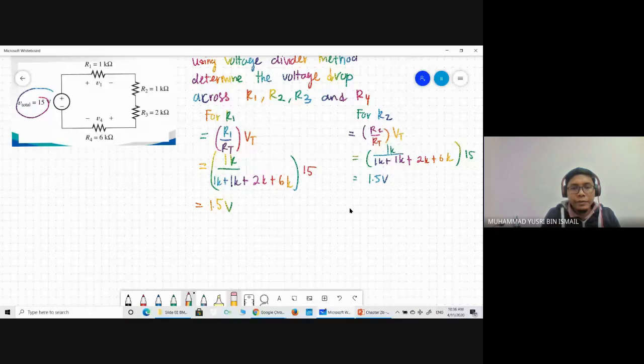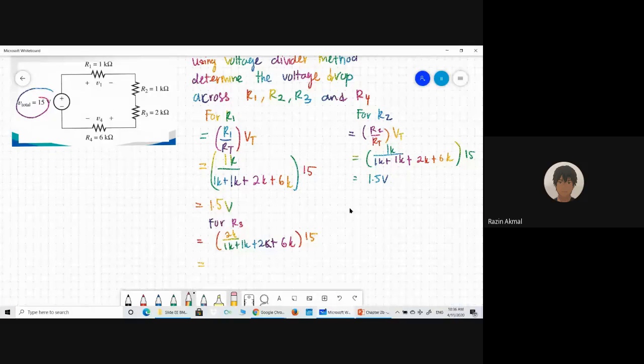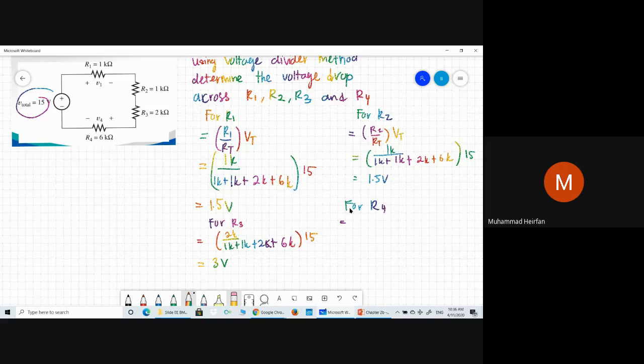Now for R3, 3 volt. And then for R4, 9 volt.